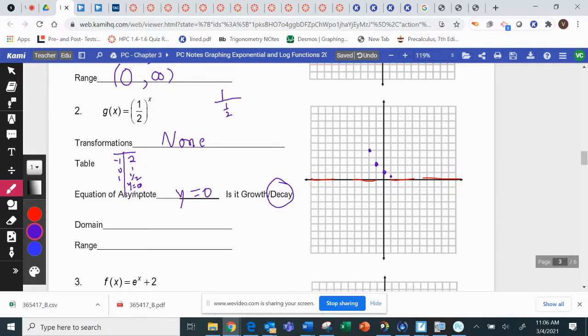If I did -3, it would be 8. The domain, how far to the left, how far to the right? It's going to go from -infinity to positive infinity. But the range is going to start at 0 and go above.